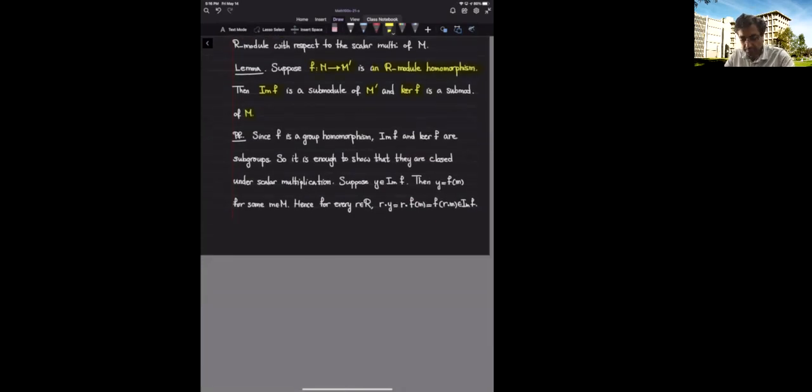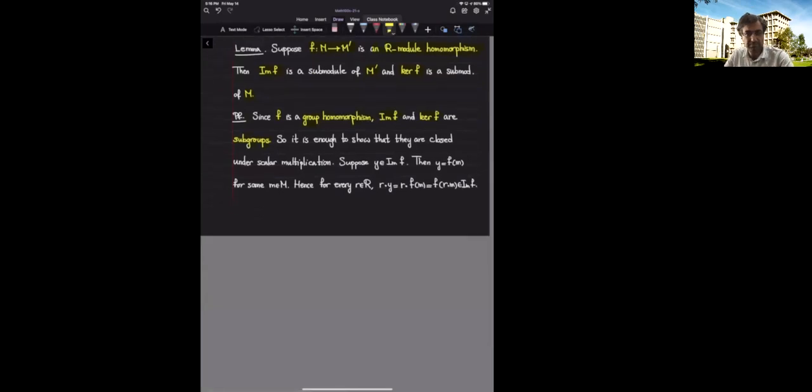Because f is a group homomorphism, we have already proved that image of f and kernel of f are both subgroups. So next, I'm going to show that they are in fact closed under scalar multiplication, and therefore they are submodules.